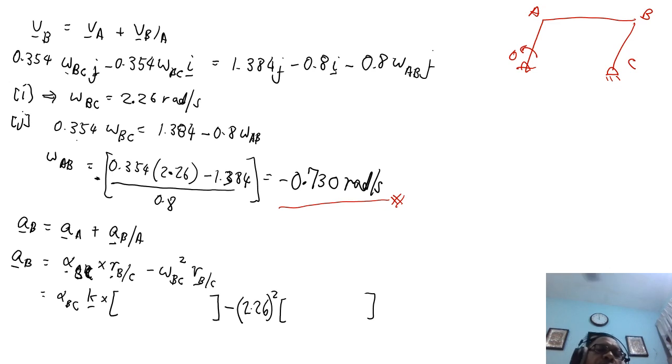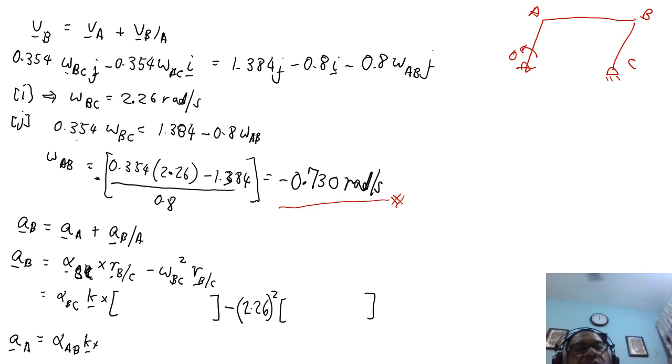Yeah. So then you can start again with position. What is AA? You know what AA is? AA is 4 radian per second square. So we know that alpha AB K, and then you have to rewrite the position vector. Sorry.